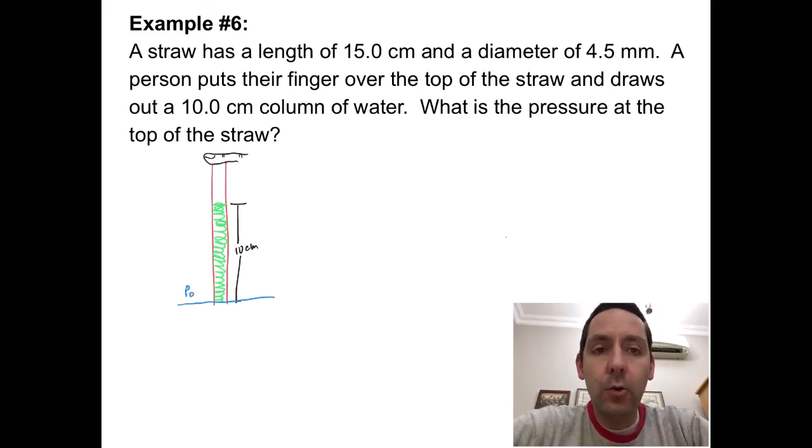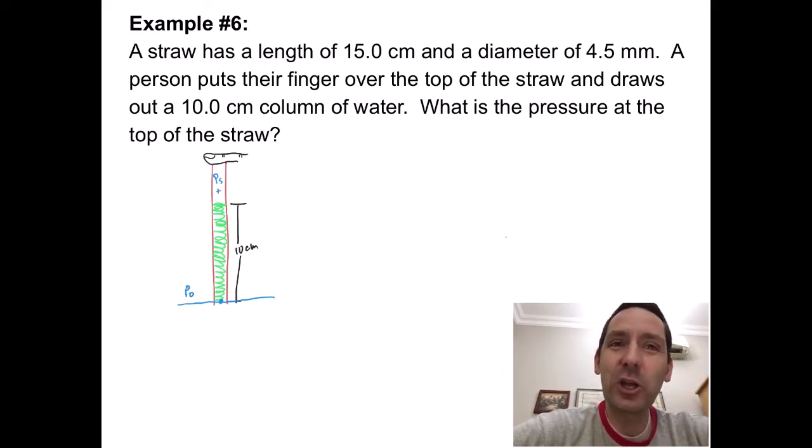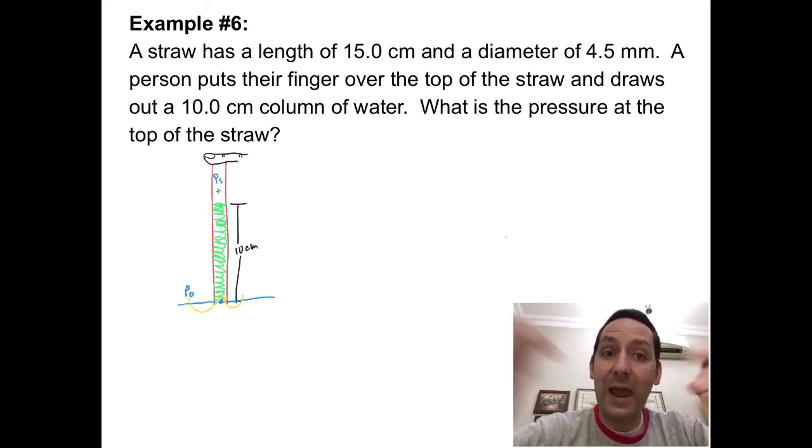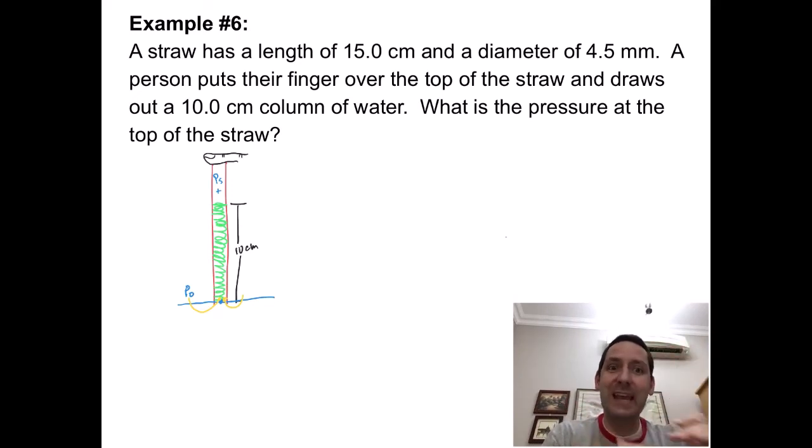Okay? Now, right here, the pressure is going to be the pressure inside the straw plus whatever the pressure of that fluid is. And that's what we're looking for. What's the pressure up at the top of the straw in that space of air? Before it was P naught, but it's got to be less than that now, right? It has to be enough that the ambient pressure is pushing up, allowing that extra water to stay in there.